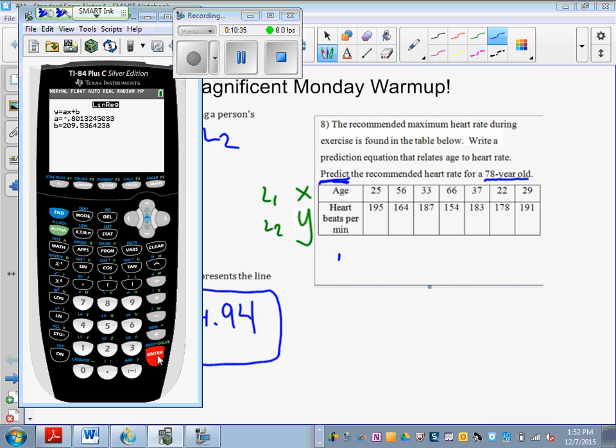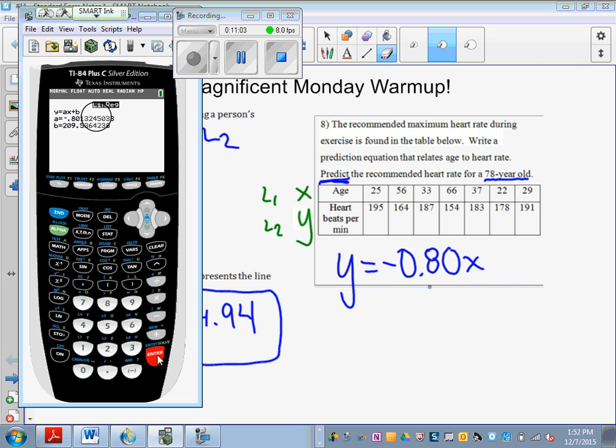All right, so we have y equals, and instead of a, we're going to put this number in. Now, our number is negative 0.801. So my third number is 1. Since that's less than 5, we leave it alone. So it's negative 0.80 x plus b.